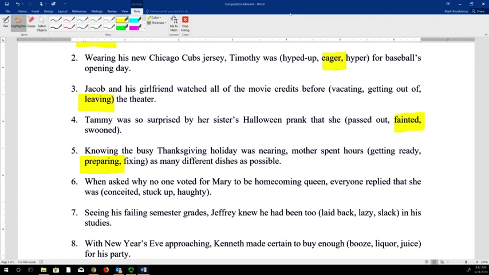Fixing, you might have marked fixing, and that would be because this would be a dialect expression in the American South. We should only use fixing to indicate if something was broken. And mother is not breaking dishes and then repairing them. She is preparing meals. Instead of preparing, you could have said cooking, and that would have been okay.